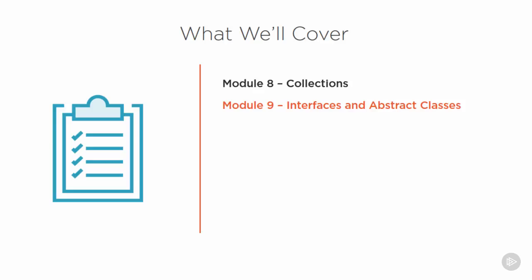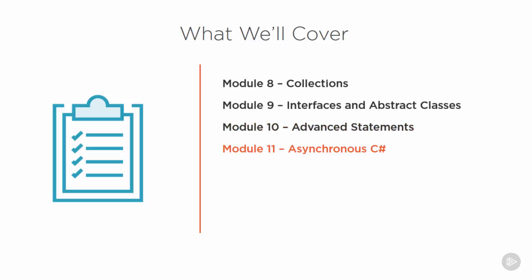These are somewhat advanced topics in C#, and that's complemented by Module 10, where we will discuss advanced statements that make your programming easier and more concise. In Module 11, we move on to asynchronous C#, which is the ability to have your program doing more than one thing at a time. We then go on to discuss events and delegates.